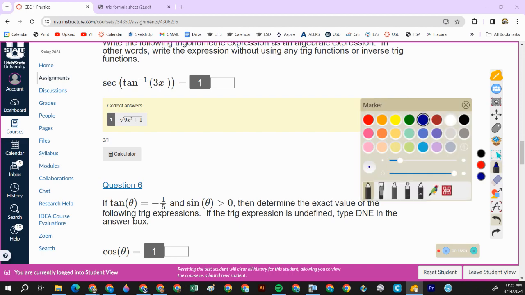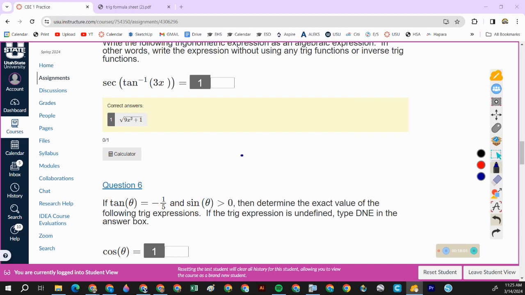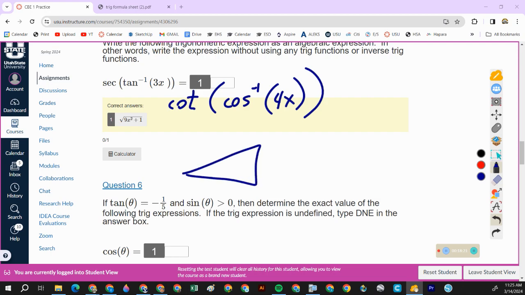Okay, I'll just make one up. So let's do the cosine inverse of, I don't know, 4x, and I want to take the cotangent of that. So I draw a triangle. So 4x and 1, that's my cosine.